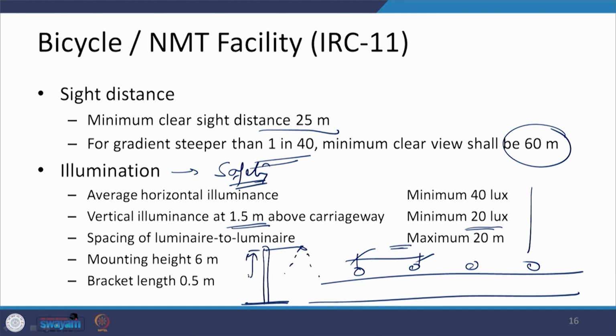So, this is going to be 6 meters from the surface, and this overhang is 0.5 meters, and that is where the bicycle rider is going to move on this particular surface. So, that is how this is being ensured, so that the people are going to be visible to other road users.